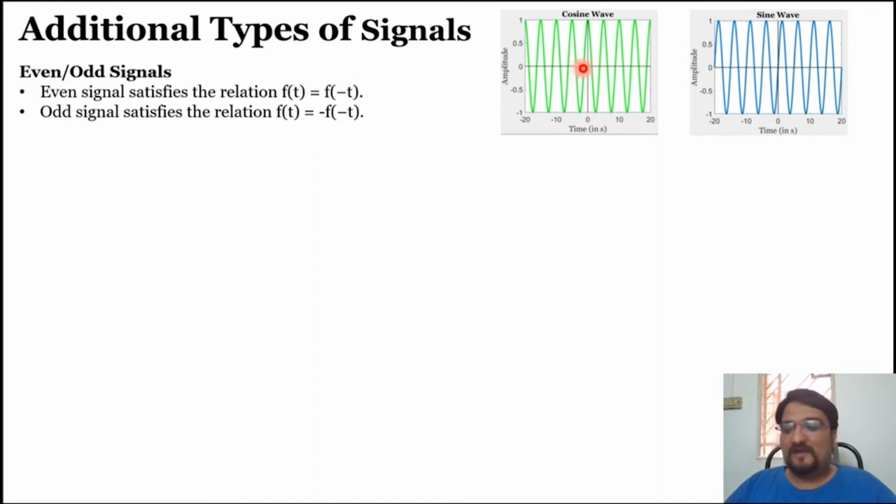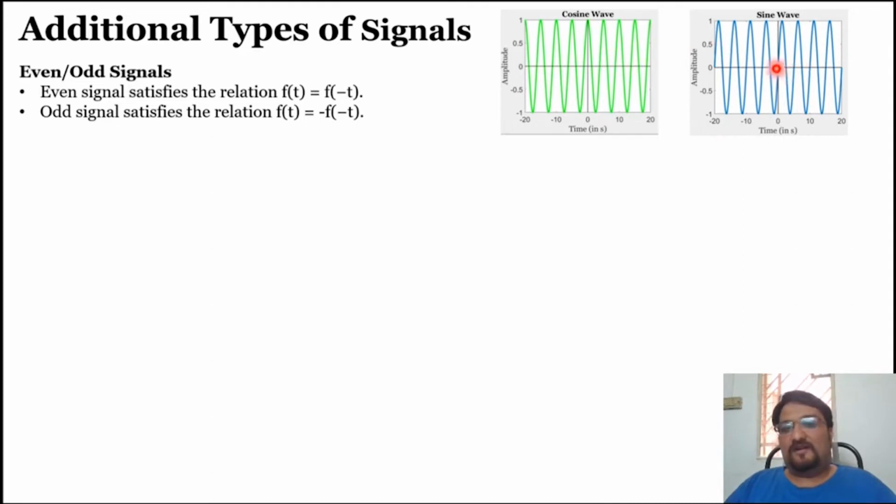In the same way, cos minus pi by 2 or cos minus 90 degrees is also 0. So if you consider the y-axis as your reference, you will see the mirror reflection on both sides. So you can see a symmetry with respect to the y-axis. If your signal has a symmetry with respect to the y-axis, it can be considered an even signal.